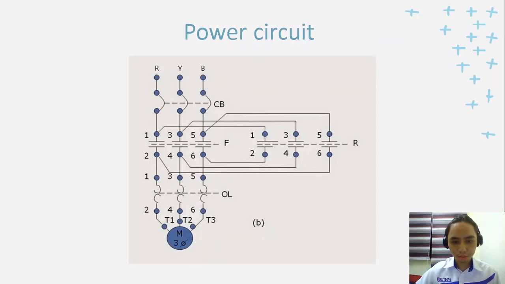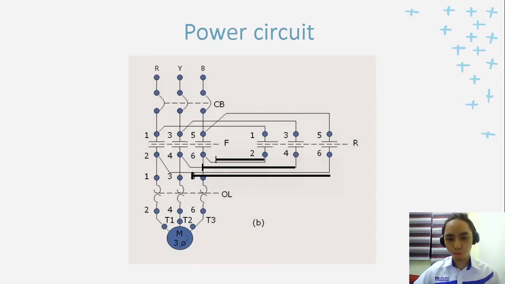But in the reverse, it changes, where wire 1 will go to wire 6, and wire 3 will go to wire 4. Wire 5 is connected to wire 2. Unlike the forward, where it is 1 2, here it is 1 6, and unlike 3 4, this is also 3 4, while 5 6 becomes 5 2 in the reverse contactor.